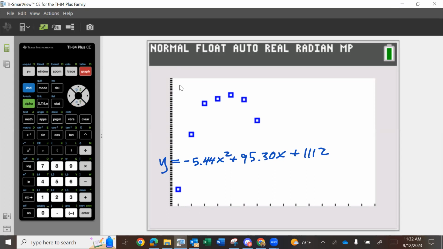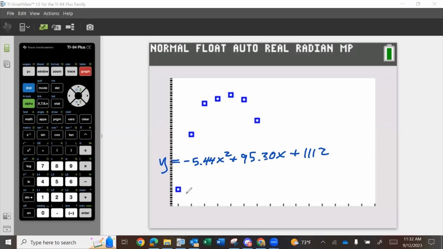And so, what does it look like? Well, if I were to graph the parabola that goes through it all, it's going to go down, down, down. And by the time it gets over here to year 20, it's going to be way down there. And I don't know, might even be negative, which doesn't make sense. But let's figure it out.